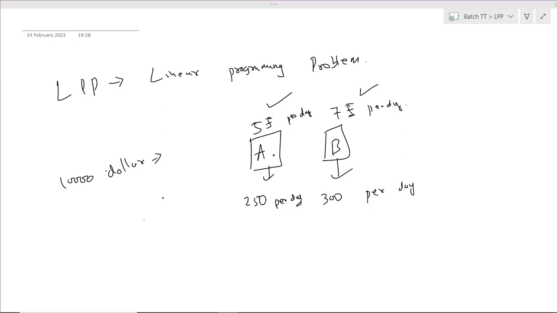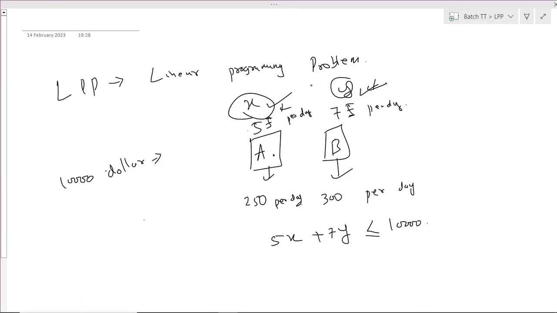Yes, sir. Right. So suppose I invest X days in this, Y days in this. So I can say 5X plus 7Y must be less than or equal to 10,000, right? It will cost me 5 into X and this will cost me 7 into Y. Yes, sir.